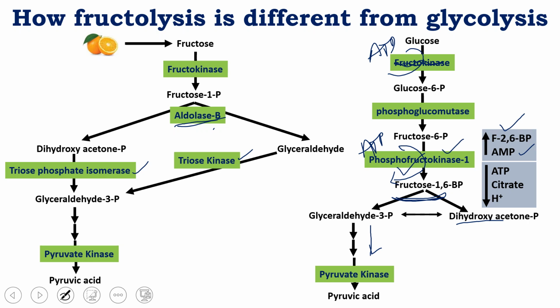What I want to say here is that this PFK enzyme is a very, very regulated, controlled step. It means the whole glycolysis is a regulated process. So glycolysis takes place in a regulated fashion, whereas the fructose metabolic process, fructolysis, is an unregulated process.